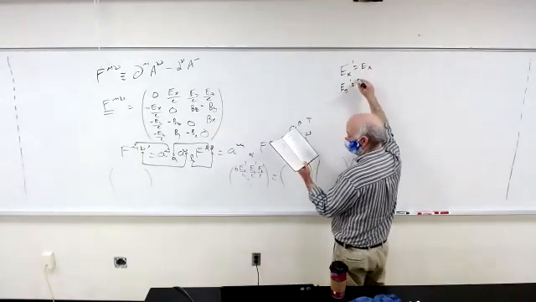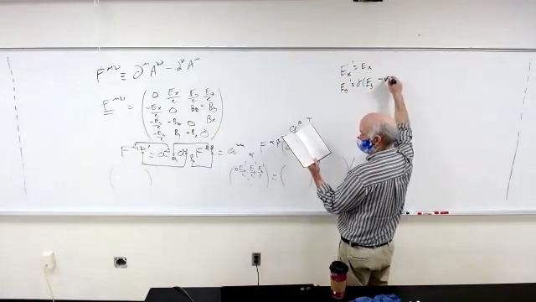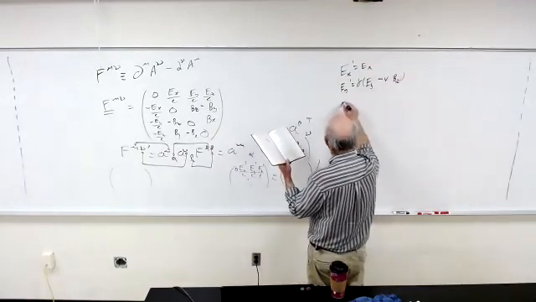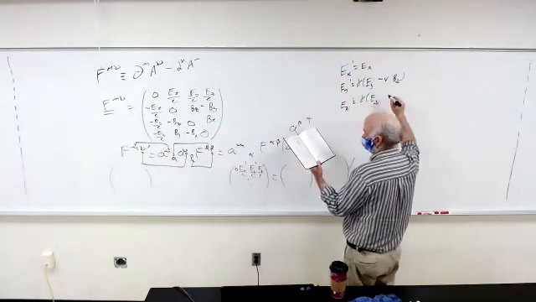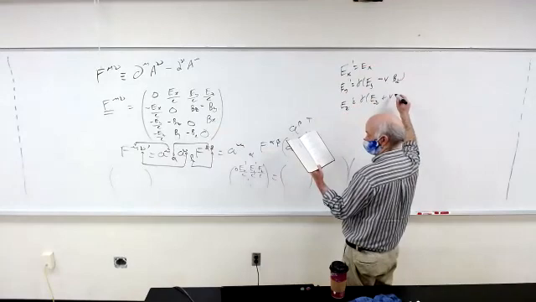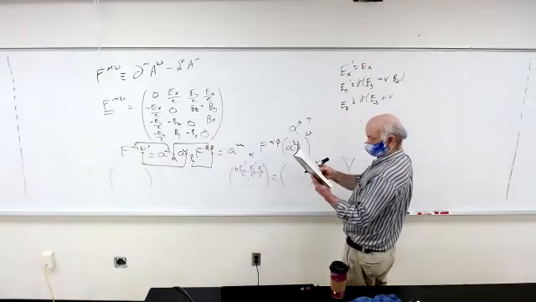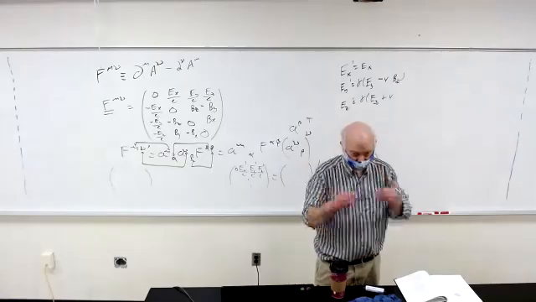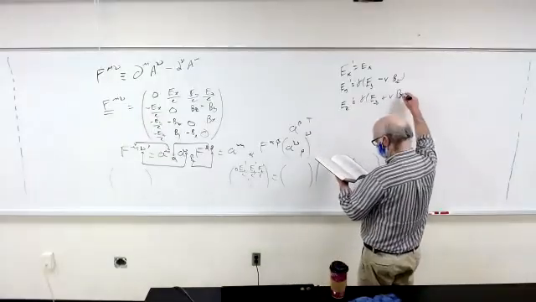Ey prime equaling gamma ey minus v bz, and then ez prime equaling gamma ez plus v by.